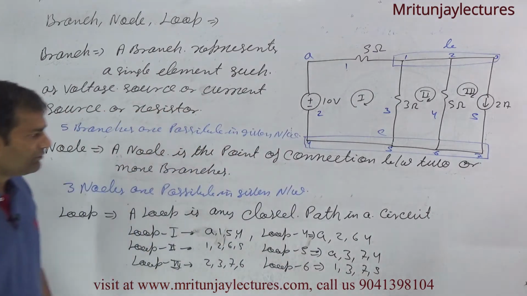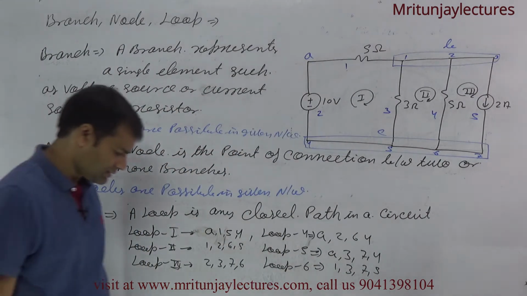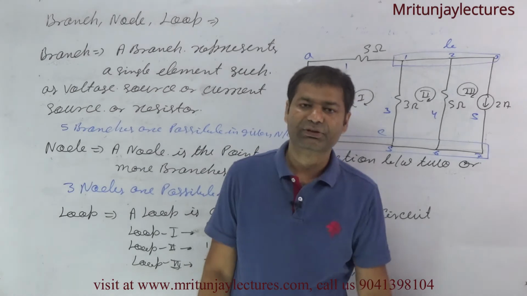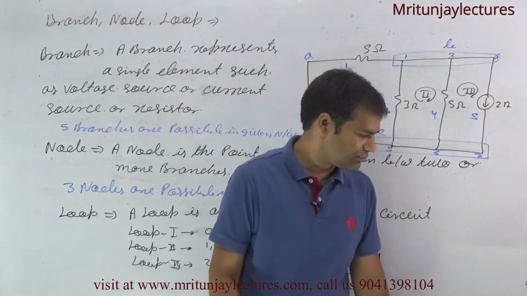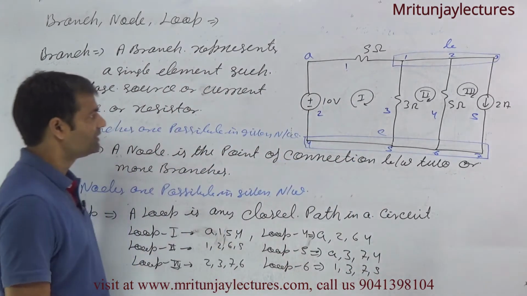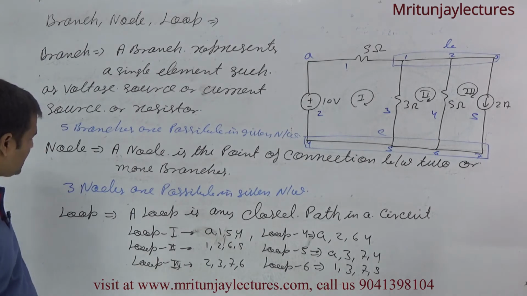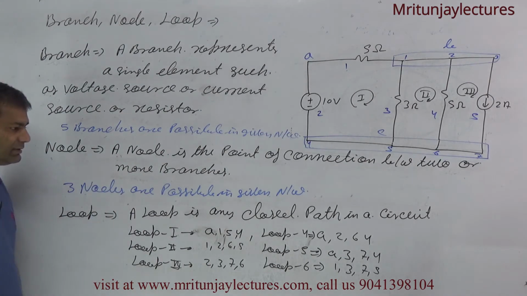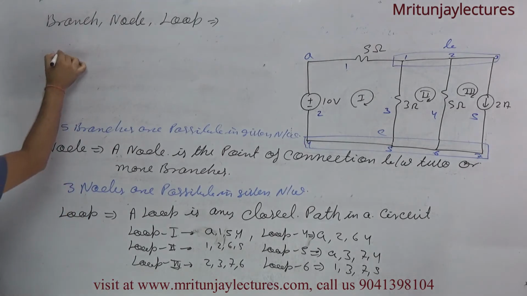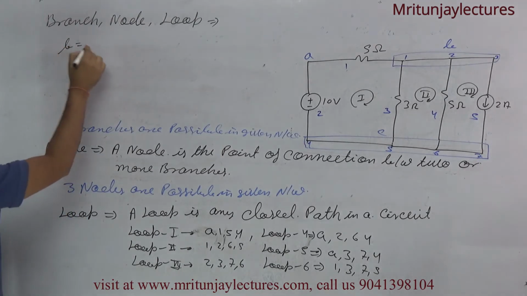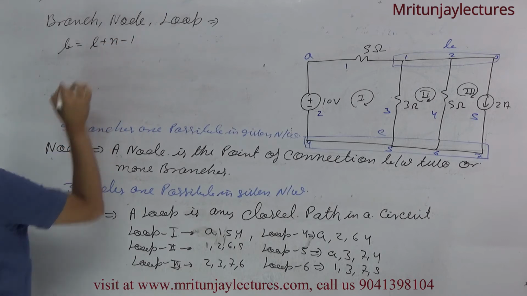If there is any doubt, you can also determine these with the help of a formula. First of all, we write it right now. Formula: B is equal to N plus L minus 1.